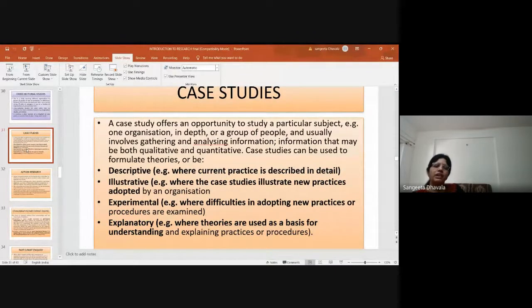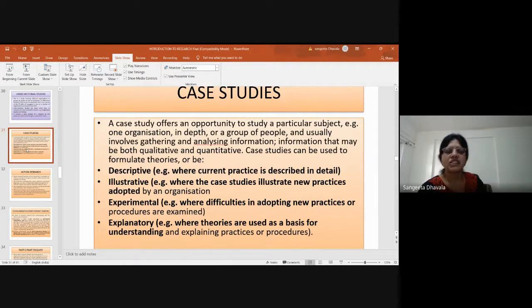So what we are trying to tell you here is, for example, a strike has occurred in a particular organization. So what is your case study? Your case study is about the reasons that were cause of the strike, how the management is dealing with it.